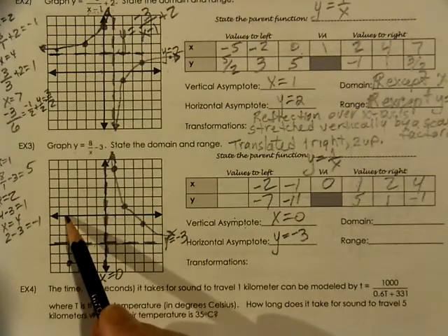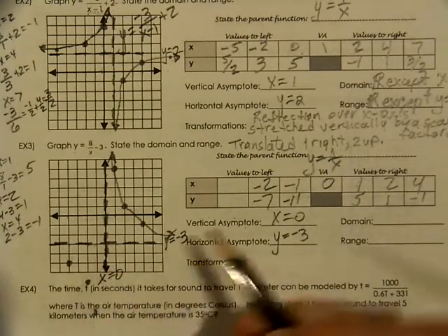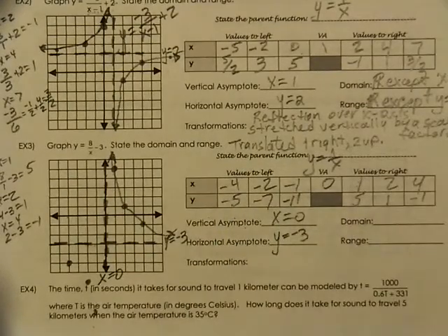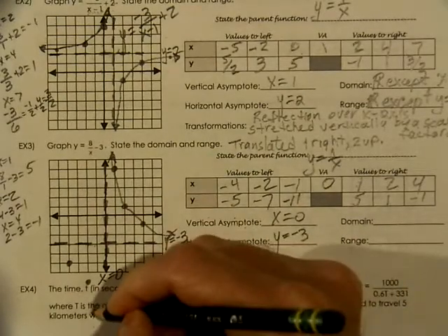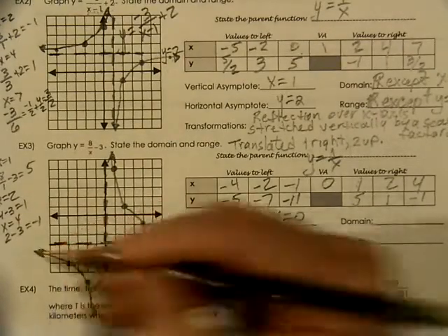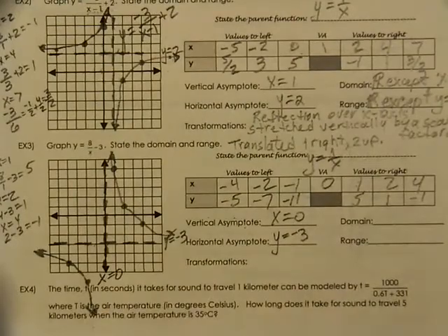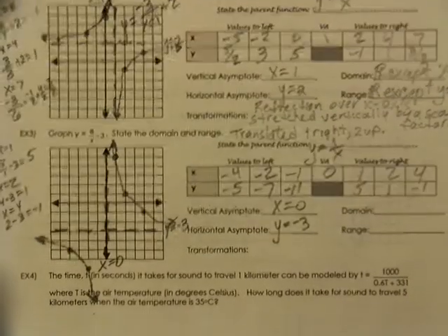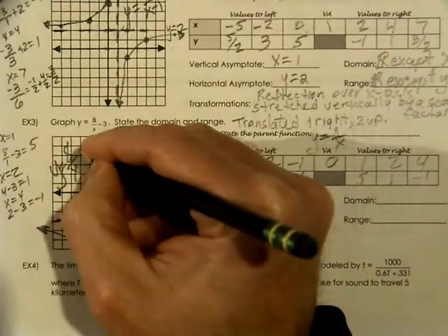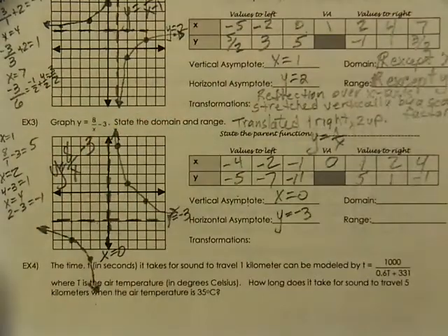So really that's 4 down 5. So that allows us to put our graph in here, and you always label your graph. y equals 8 divided by x minus 3.